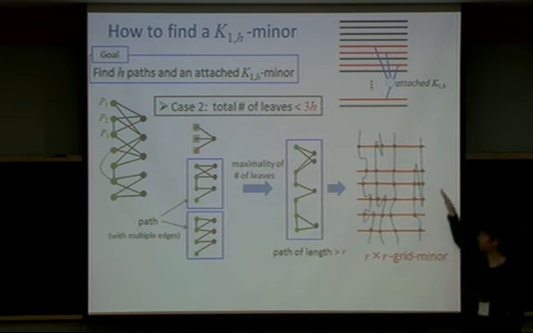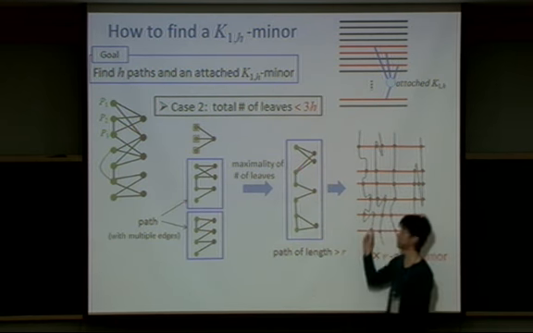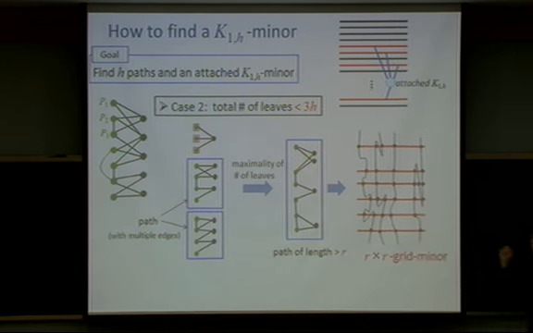So every vertical path must intersect with these vertices in this order. So we have many horizontal paths and many vertical paths, and every vertical path must intersect with these paths in the same order. So in this case, we can find an r times r grid minor. So this is the second case.